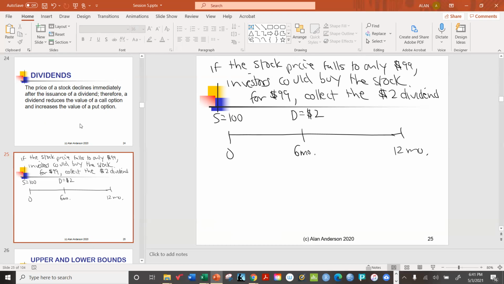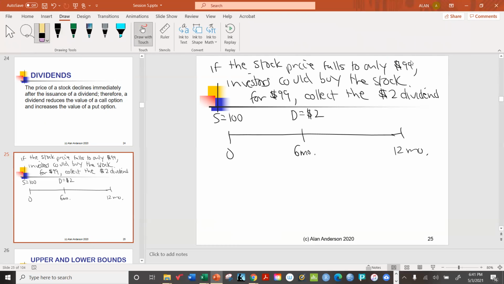The price falls to 99. No, sorry, this is the wrong one. Let's just say the price falls to 97. All right, let's say it falls too far. I've got it backwards. Sorry about that.